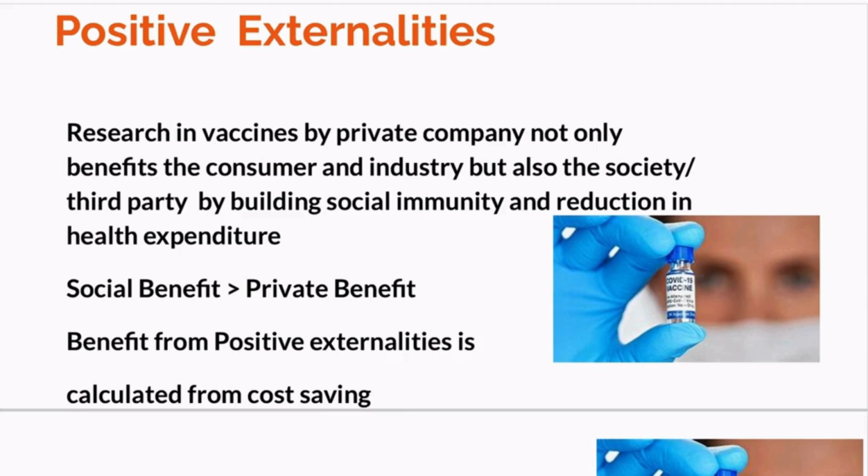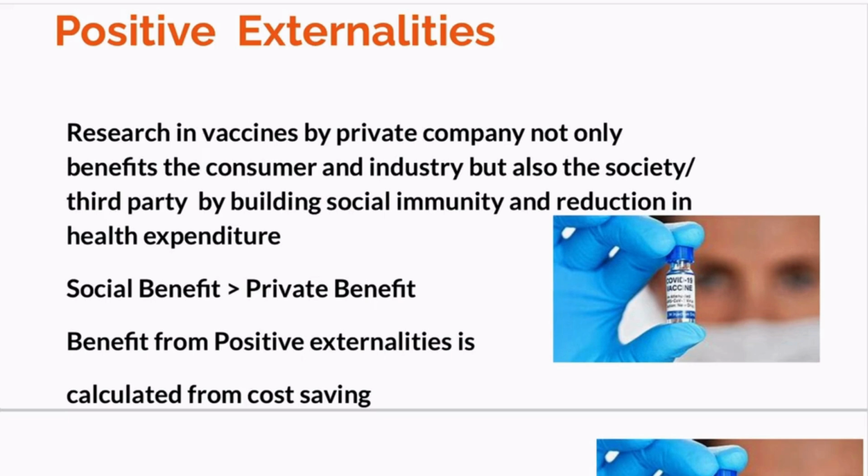But considering that vaccination also has a spillover effect, it is also going to affect the people who are not vaccinated, and their healthcare costs would come down. We generally say that there is additional benefit over the private benefit. That additional benefit, if you add it to the private benefit, becomes the social benefit, right? So in case of positive externalities, the social benefit is always greater than the private benefit.